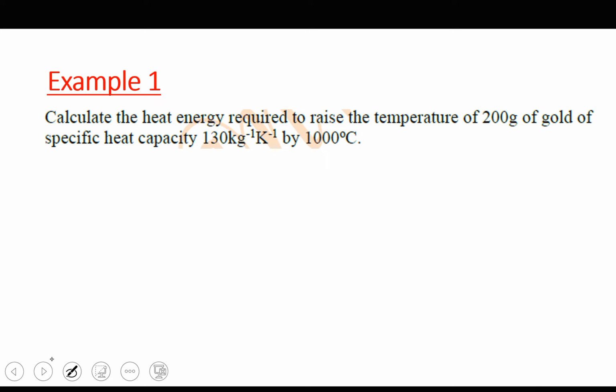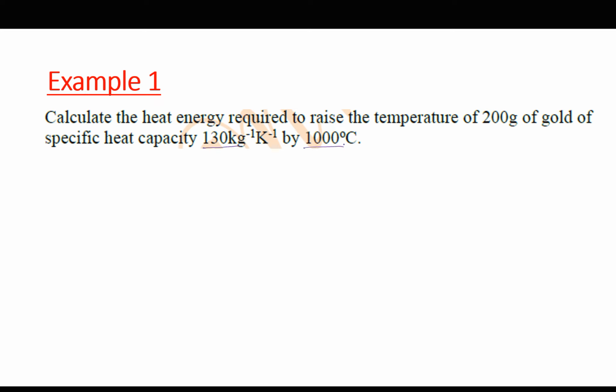Calculate the heat energy required to raise the temperature of 200 grams of gold of specific heat capacity 130.